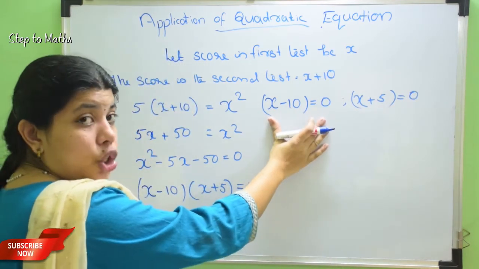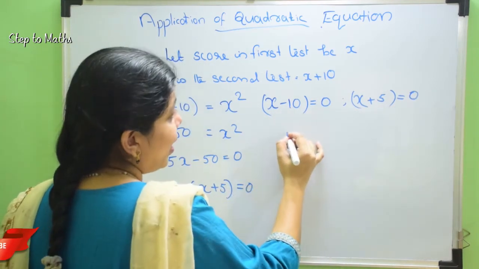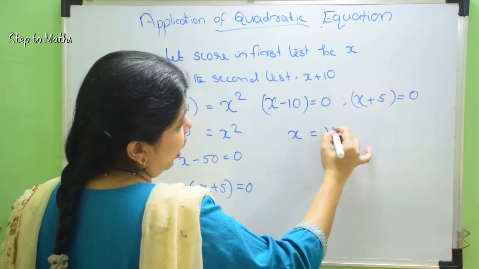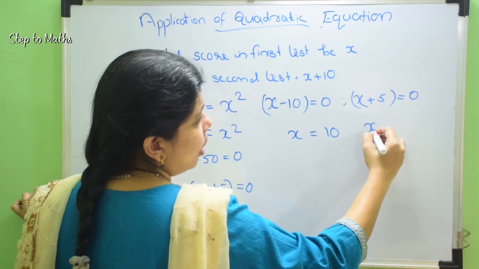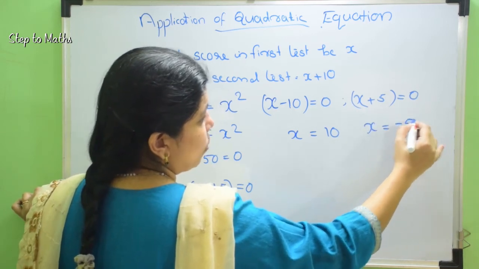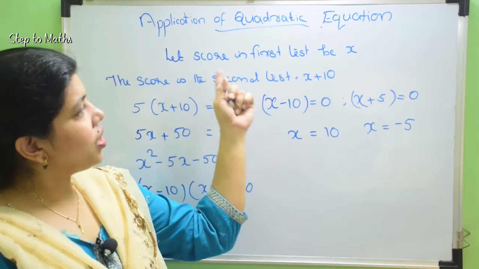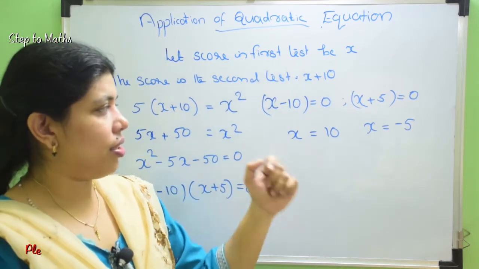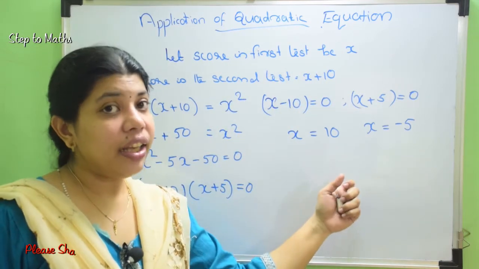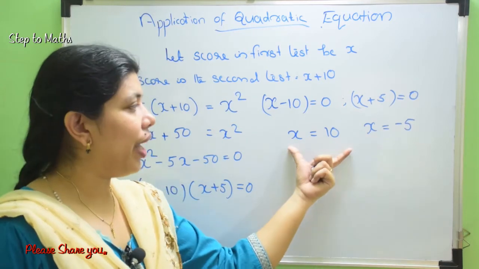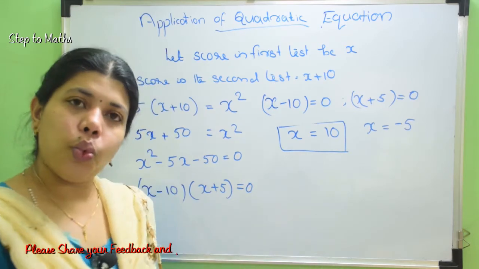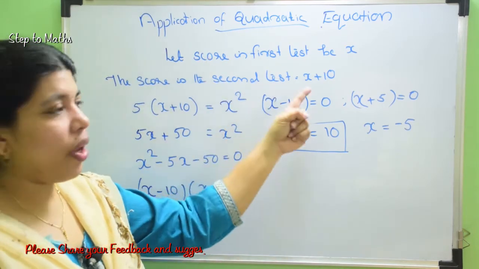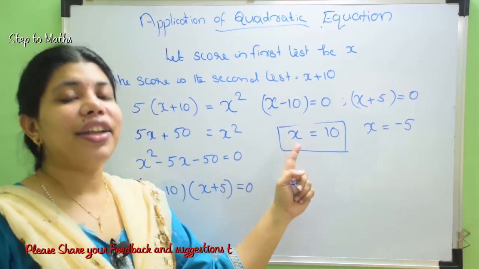X minus 10 equal to 0 indicates X is equal to 10, and X plus 5 equal to 0 gives X equal to minus 5. We take X as the score in the first test. Here the mark cannot be negative, so we take the positive value only. X is equal to 10. So the score in the first test is 10.